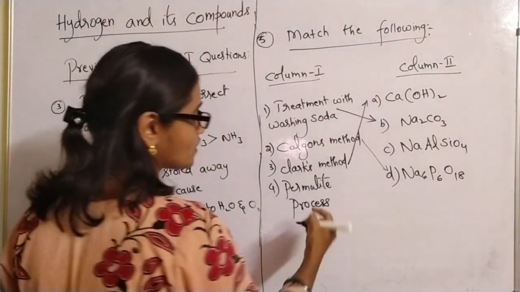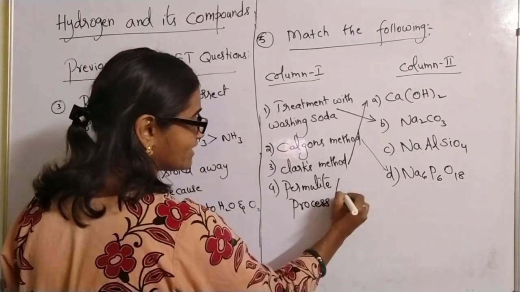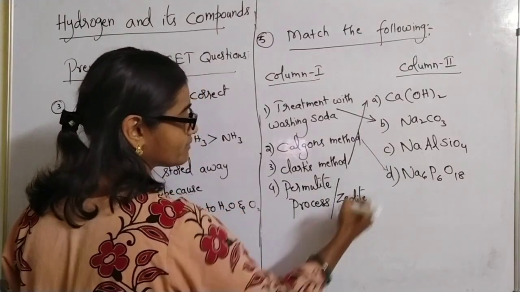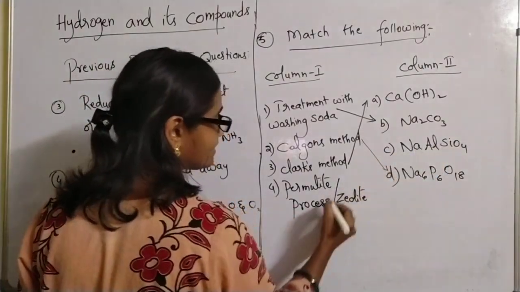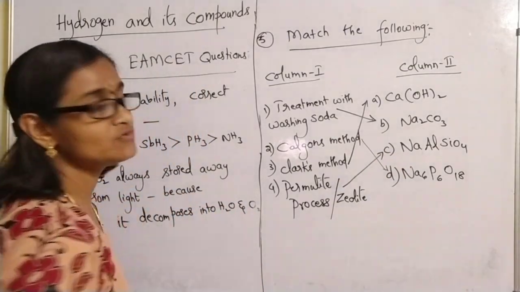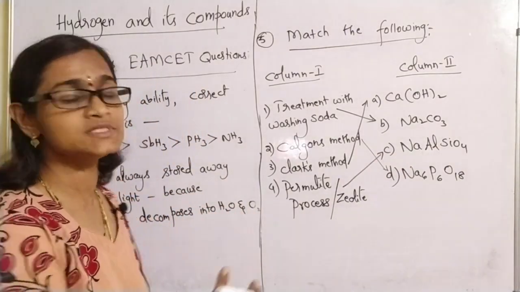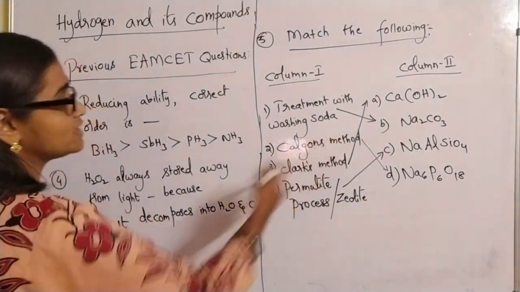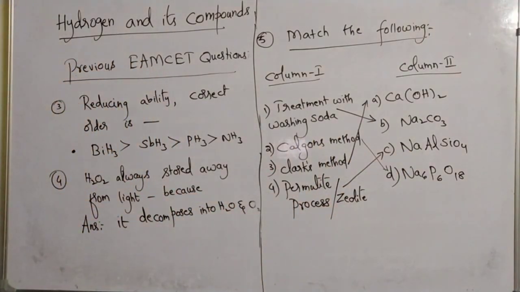And permutate process can even be given as zeolite process. Zeolite is sodium aluminum silicate. To remove hardness of water you will even use sodium aluminum silicate. Okay, so like this you have to do match the following. So what is the option? For A 2, for B 4, for C 1, for D 3.